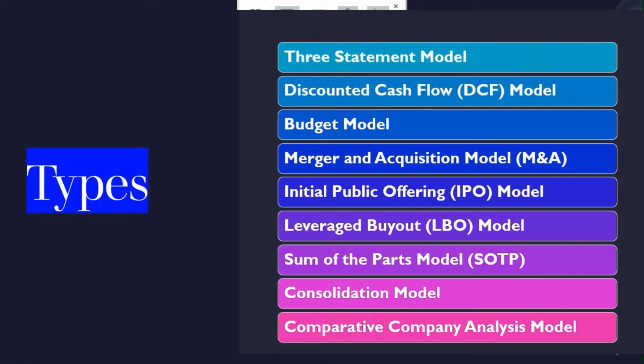The other one is the leveraged buyout model. This is mainly used when a company acquires other companies by using borrowed money or debt to meet the acquisition costs. So what we see from here is that the cash flows from the assets and operations of the acquired company are used to pay off the debt and its charges.